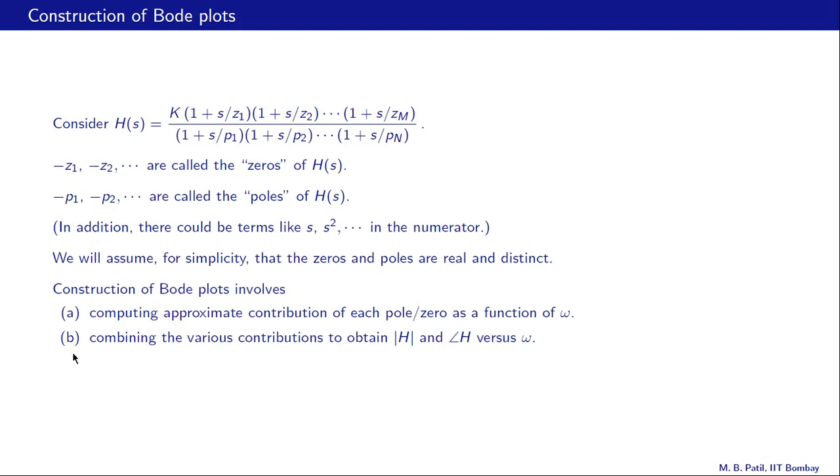And B. Combining the various contributions to obtain mod h and angle h versus omega. So once we know the individual contributions, we then combine all of those contributions to obtain the net mod h and angle h versus omega plot. Let us take some examples and see how this can be done.